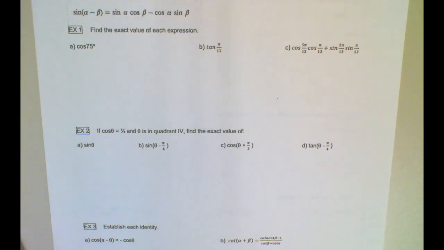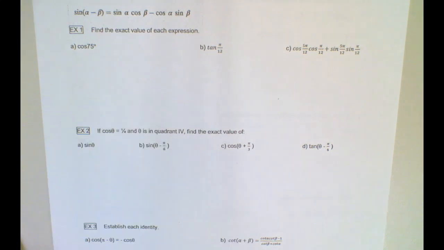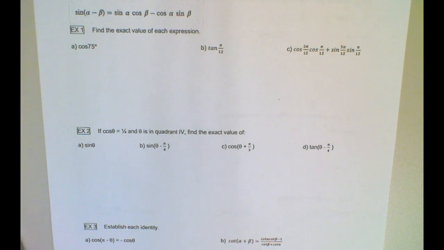On these, there are often multiple correct angle combinations to use. So as always, if you did something differently, but you showed all your steps and got the same answer, then it's fine. When I look at 75 degrees, what we are trying to do is write that angle in terms of unit circle angles, either with a sum or a difference.